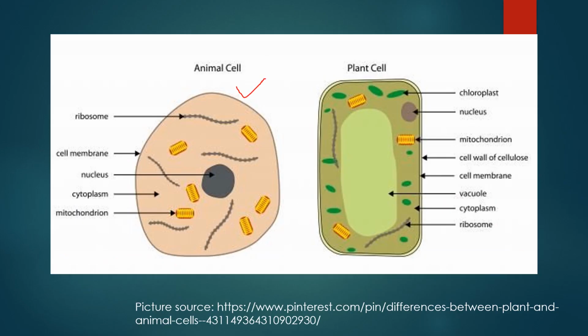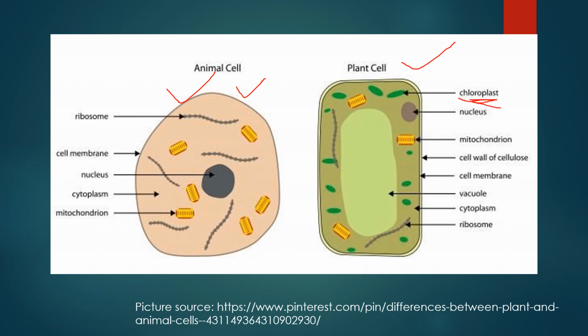So this is the animal cell and this is the plant cell. Plant cell is rectangular in shape and animal cell is circular in shape. Plant cell has cell wall as its outer layer and animal cell has plasma membrane. Plant cell has chloroplast, but animal cell lacks the chloroplast.